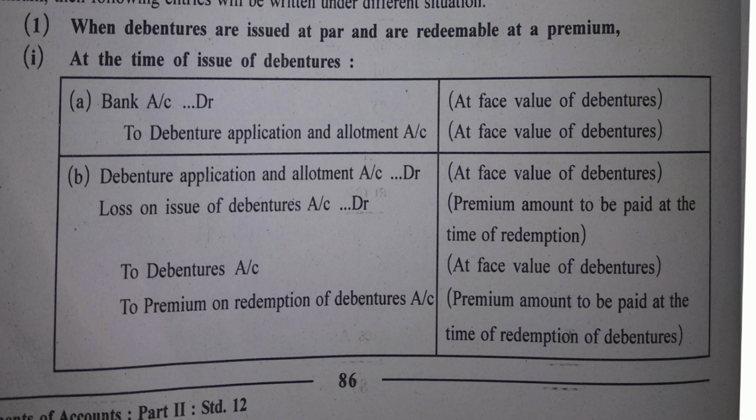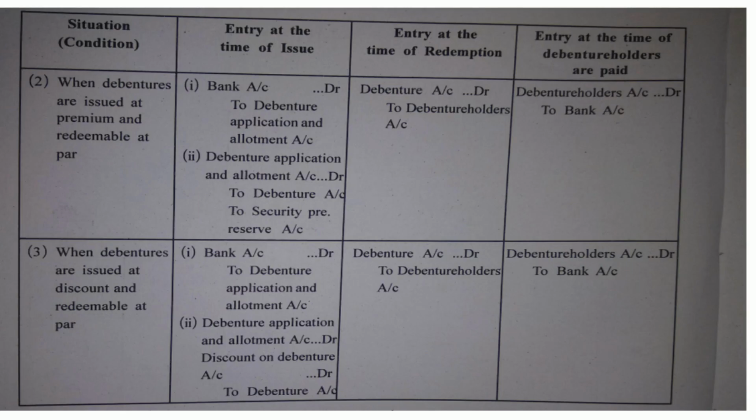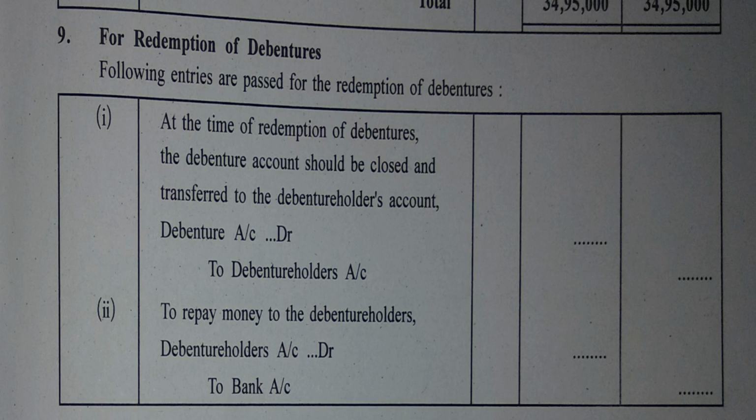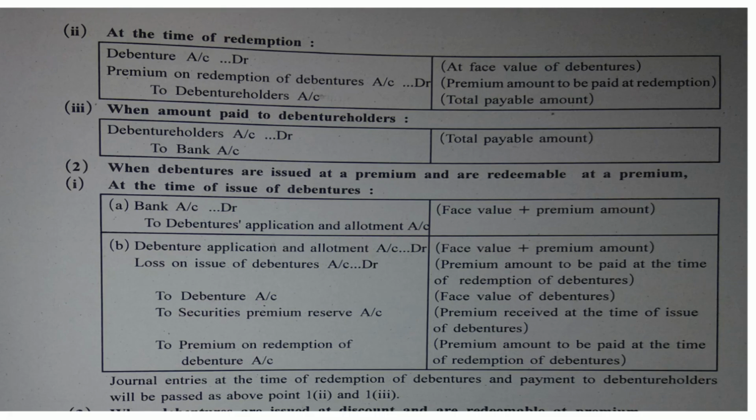Let us see the next journal entry. At the time of redemption. See, the simple journal entry for redemption of debentures we have seen here. Debenture account debit to debenture holders account. But in this case, you are going to redeem only the amount of debentures. Now, you just have to make a minor change in that journal entry itself. In this journal entry, if you will see, an additional amount is of premium.